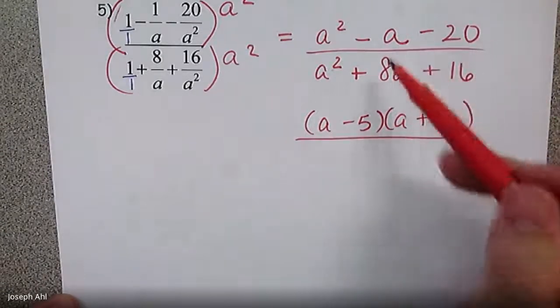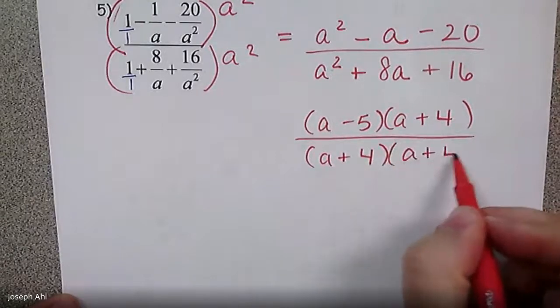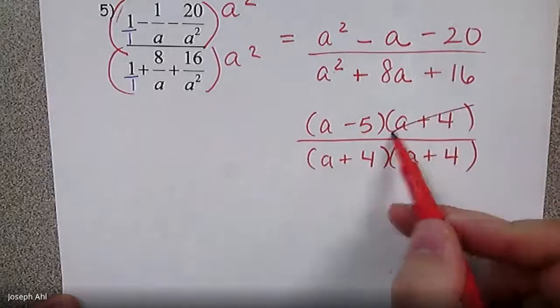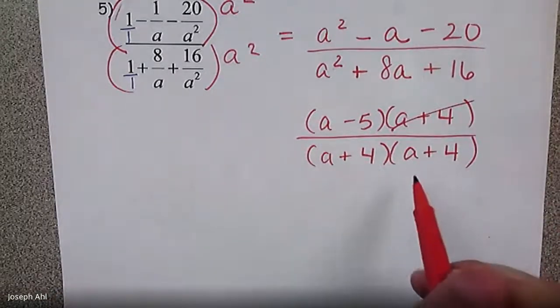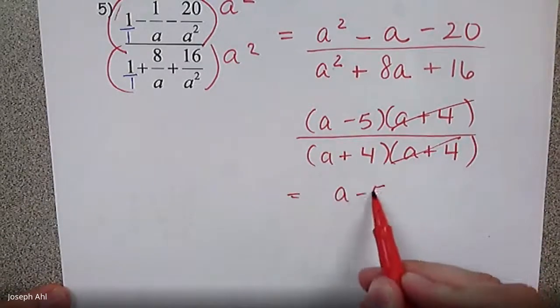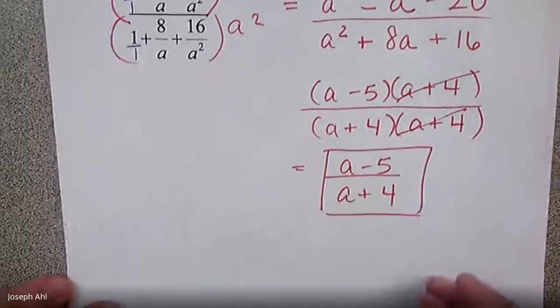Multiplies to 16 but adds to positive 8 would be a plus 4 and a plus 4. If you want to write that as a plus 4 squared, you can. Just know that when I cancel a plus 4 from the top, you can only cancel it with one of the factors of a plus 4 in the denominator, right? So your final answer would be a minus 5 over a plus 4.